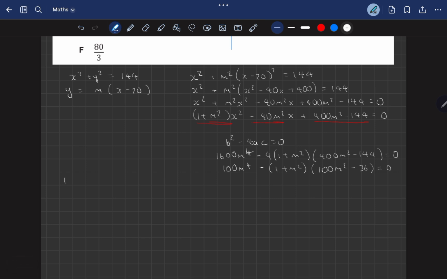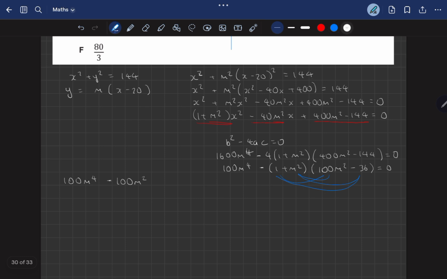So I've got 100 m to the 4 minus 100 m squared. And what I'm doing right here is I'm doing that times that times that, and this times this, and this times this.